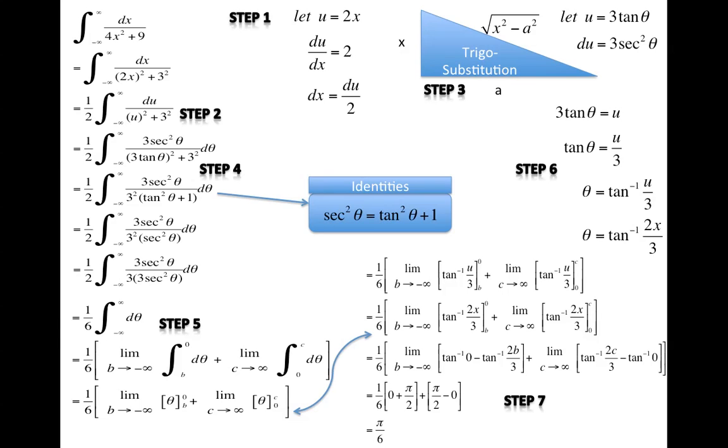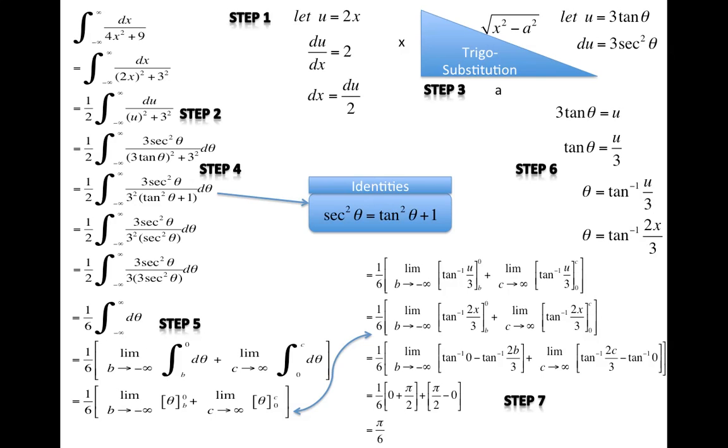As you can see at step 7, when we substitute in the values, we get arctangent 0 minus arctangent 2b over 3, where b approaches negative infinity, plus the limit as c goes to infinity of arctangent 2c over 3 minus arctangent 0.